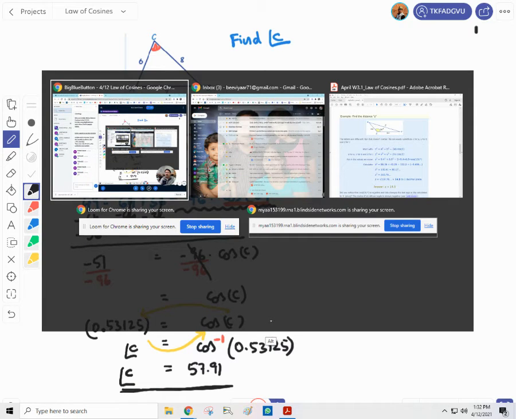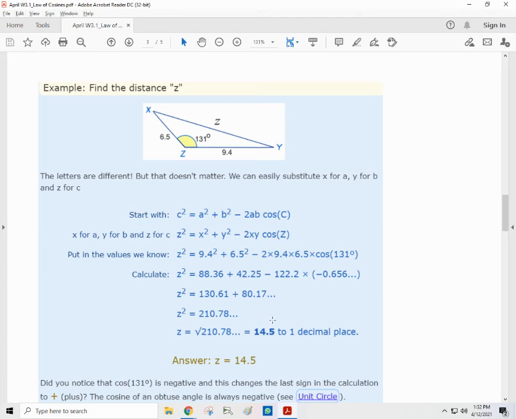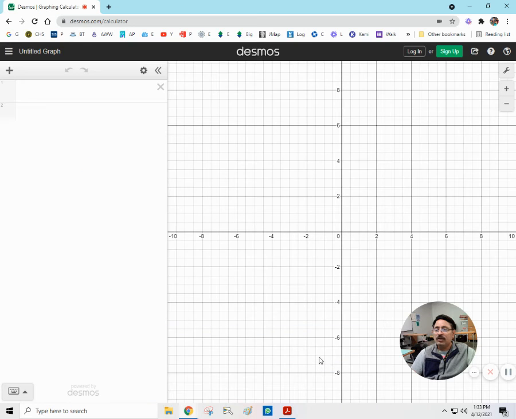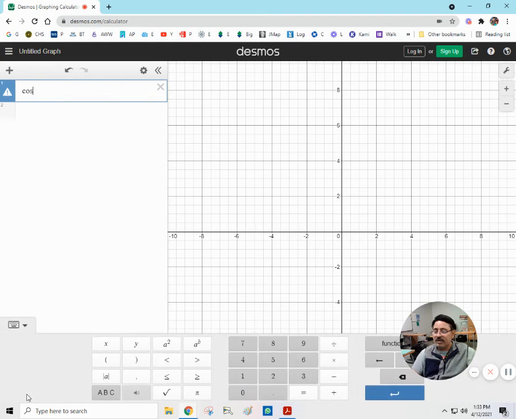Let's go to the Desmos calculator. Just give me a moment. If you are using Desmos calculator, then you can type cos. Then for inverse you have to make use of the keyboard. Here you see a to the power of b. When you click, that goes to the exponent.